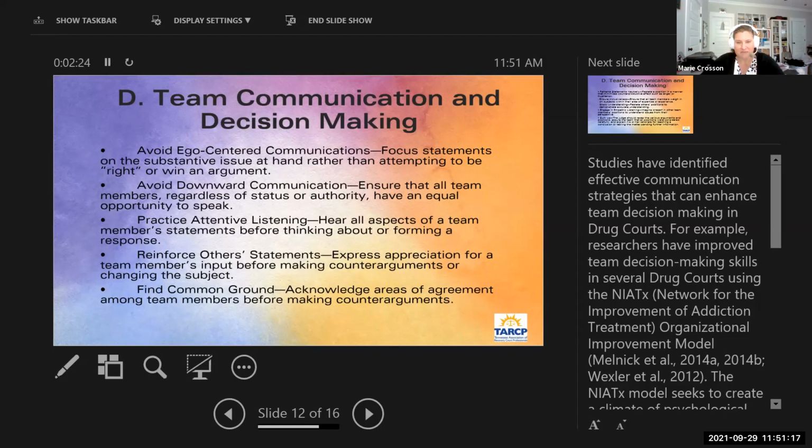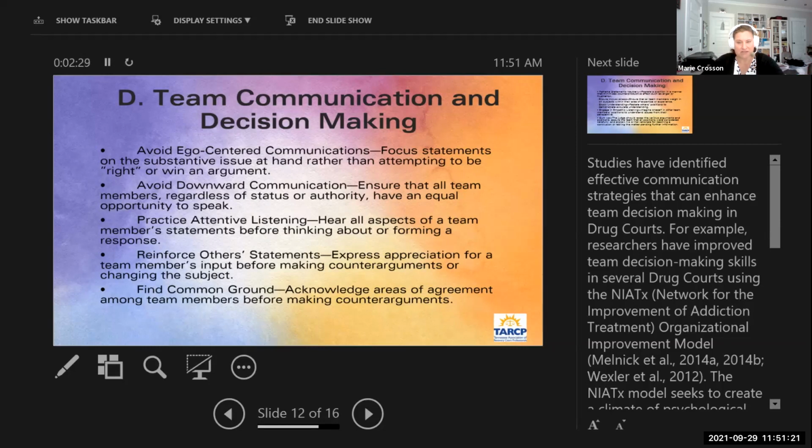And sometimes a team member, if you follow some basic strategies that everybody is aware of, you can perhaps be more successful.